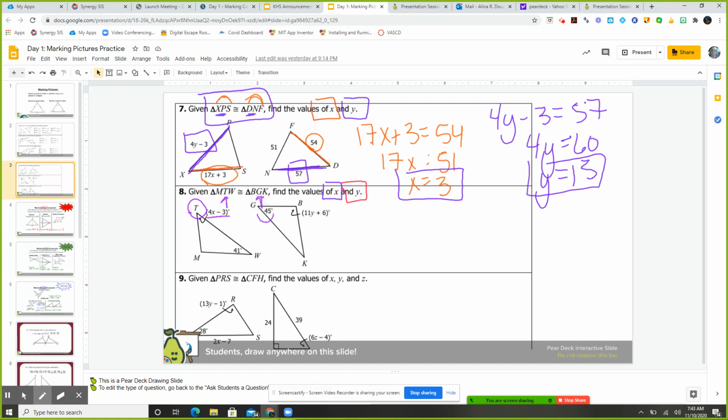G, absolutely. So I got those two purple angles. If they're congruent, because I've got that congruent symbol, then I set those equal to each other. So 4x minus 3 equals 45. Solve that by adding 3 on both sides. 4x equals, that should be 48, not 84. And then x equals 12.